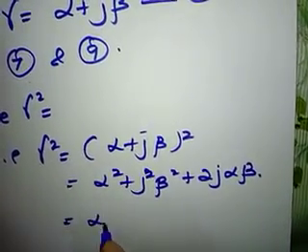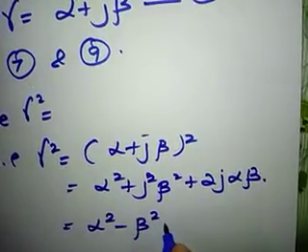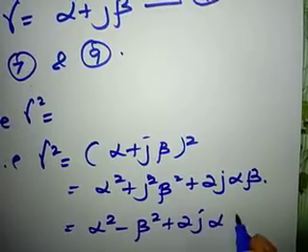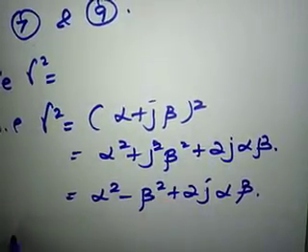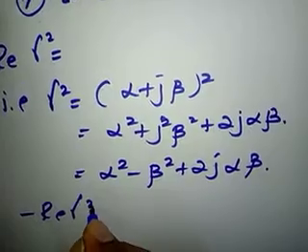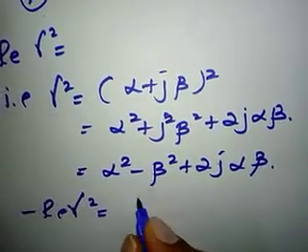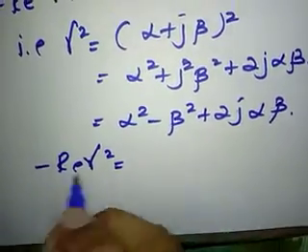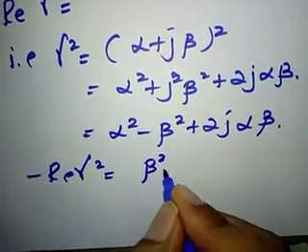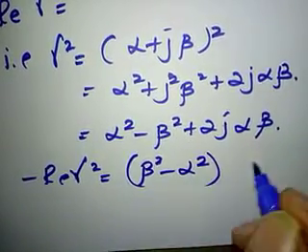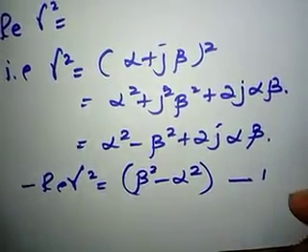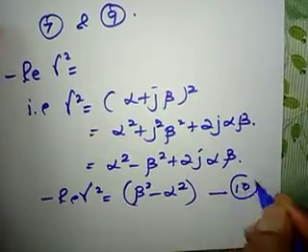So this is alpha square minus beta square plus 2j alpha beta. So minus Re of gamma square, the real part, will be beta square minus alpha square. Fine, take this as equation number 10.